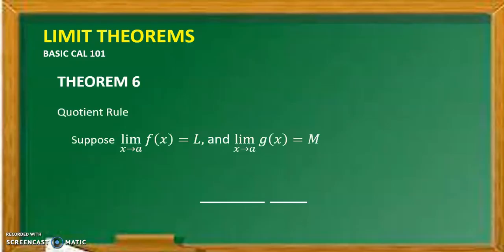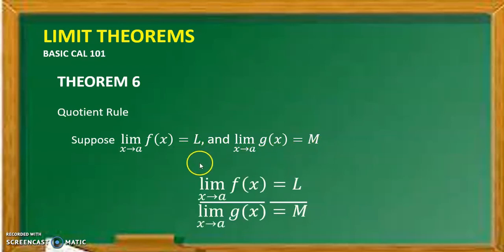Okay, next theorem. Kung mayroon tayong addition, mayroon tayong subtraction, mayroon tayong multiplication, mayroon din tayong division, o yung tinatawag na quotient rule natin. Ano yan? Suppose the limit of f of x when x approaches a is equal to L, and the limit of g of x when x approaches a is equal to m.